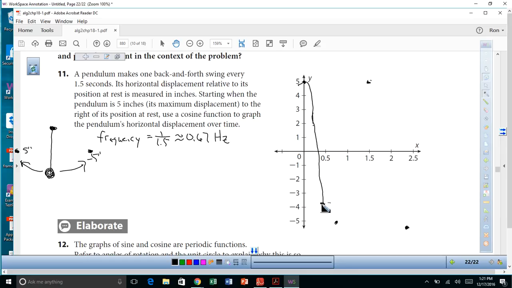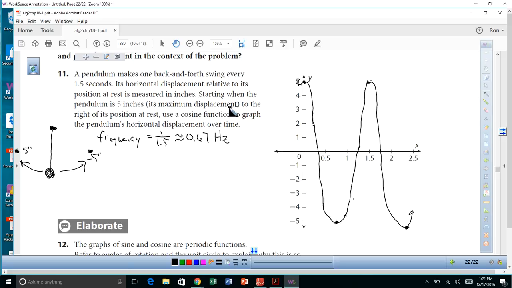Then it's going to go back up, and then it's going to go back down. Boy, that's not one of my better graphs, but you got it.